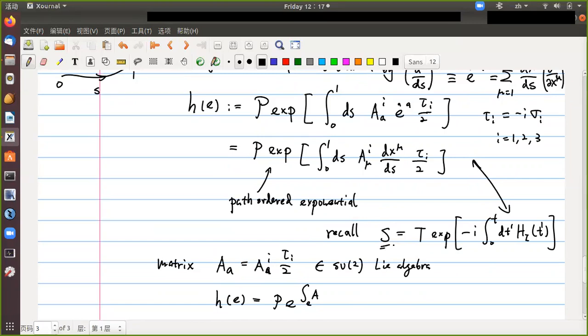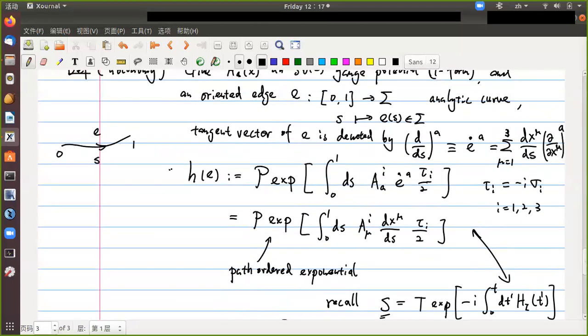So here it is very similar. The analog of the Hamiltonian here is just the connection field. The connection is SU(2) Lie algebra valued, and then you exponentiate, and what you get is an SU(2) group element. So it's like the exponential map from the Lie algebra.